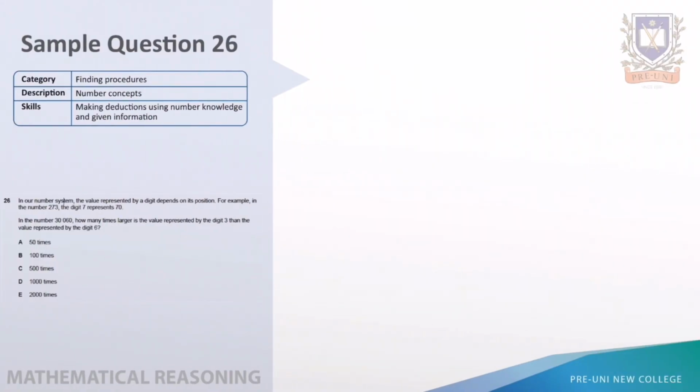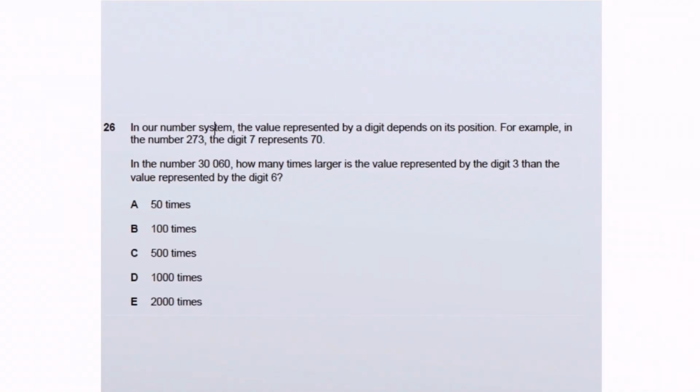In sample question 26, we have the category finding procedures, Description, make number concepts, and skills, making deductions using number knowledge and given information. So in question 26, in our number system, the value represented by a digit depends on its position. For example, the number 273, the 7 represents 70.